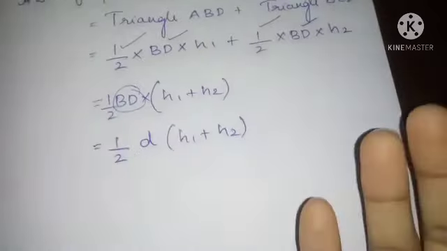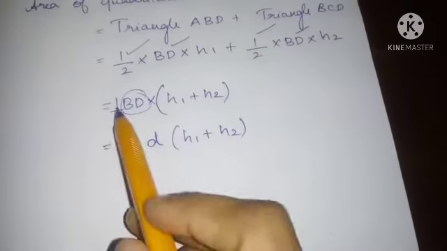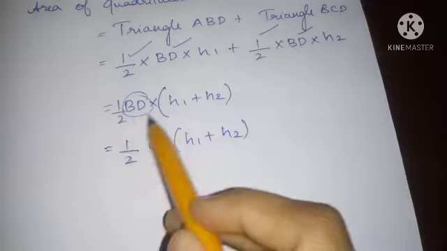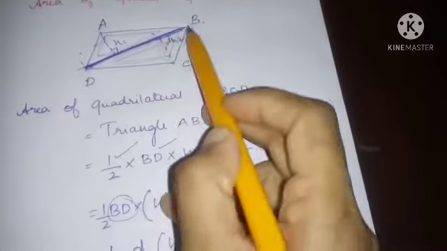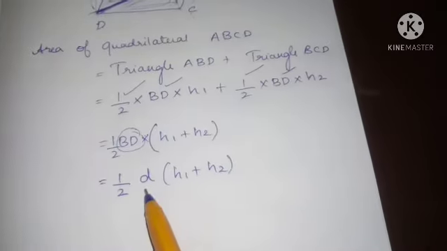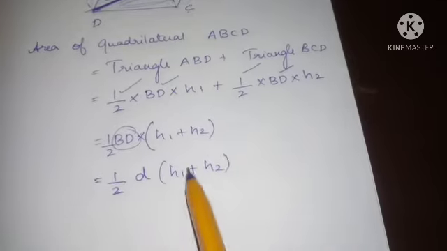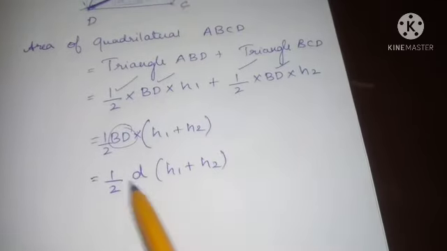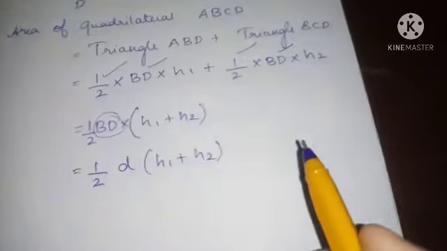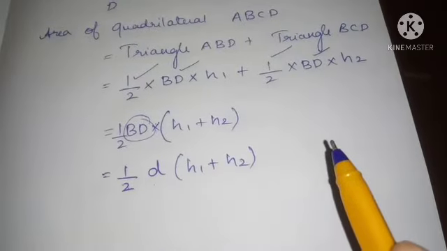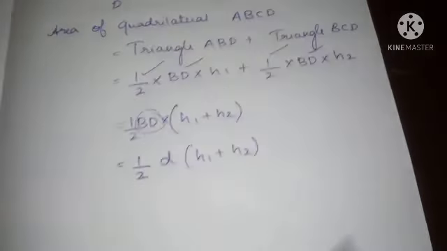If you are not putting it, it means multiplication only. Half I have written. Instead of BD, I am taking the diagonal D into H1 plus H2, where D denotes the diagonal BD. That is what is given in the question.